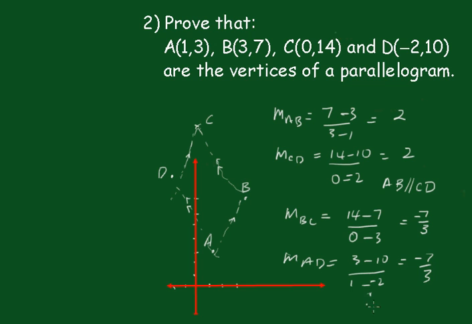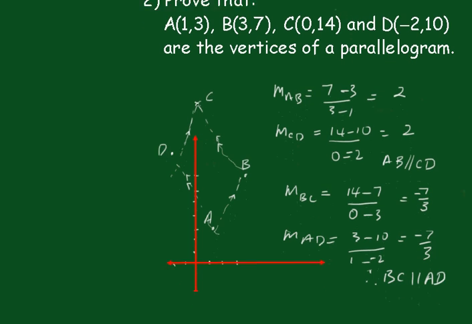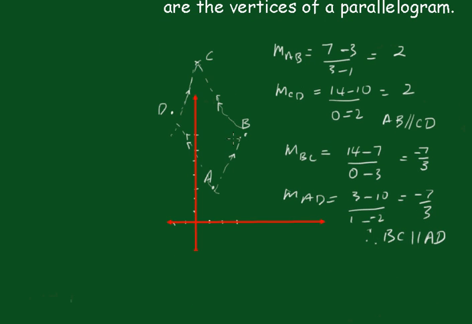Therefore, BC is parallel to AD. Okay, now since that pair are parallel and those pair are parallel, therefore we can say ABCD is a parallelogram. Two pairs of opposite sides are parallel.